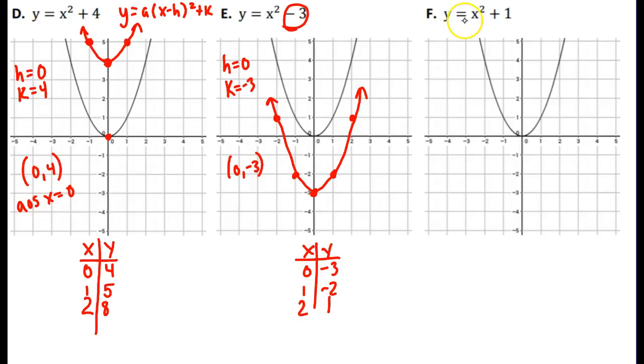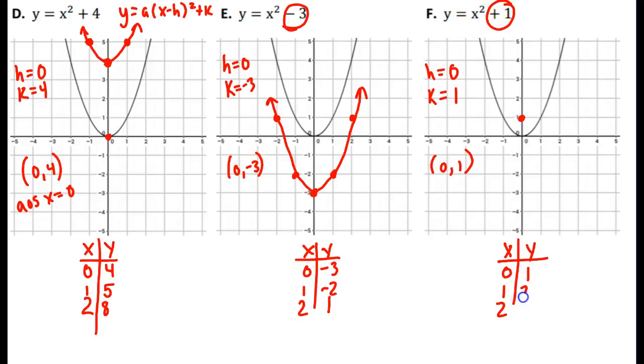Finally, in F, A is equal to 1. There is no h value, so h equals 0. My k value comes after the x squared term, that is plus 1. So my vertex is at 0, 1. So if I plot 0, 1, choose values for x and y, so 0, 1, and 2. 0 we already know is going to be at 1. 1 times 1 is 1, plus 1 is 2.